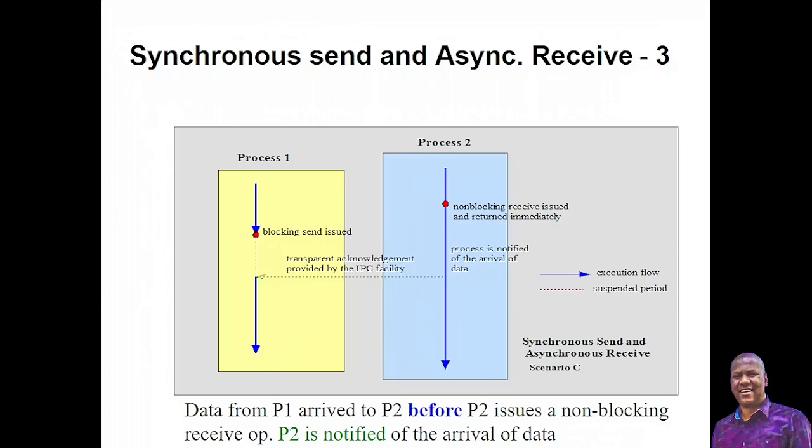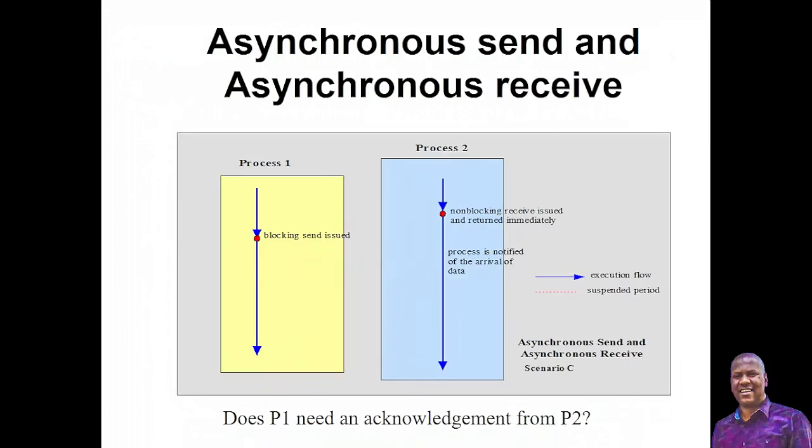The notification aspect brings on board the acknowledgement aspect of the Transmission Control Protocol. It also offers the transparency that we have so far been looking at in how the distributed system communicates. We have another scenario where we have asynchronous send and asynchronous receive.